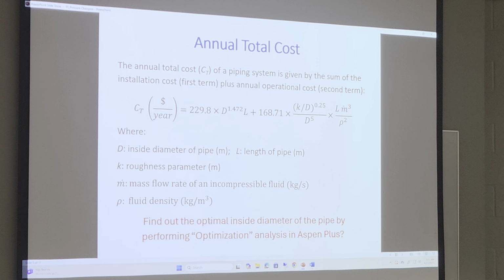The question is, find out the optimal inside diameter of the pipe by performing optimization analysis in Aspen Plus. That's the question.